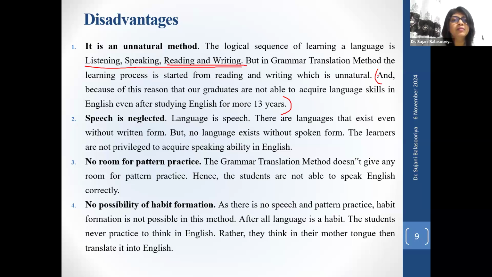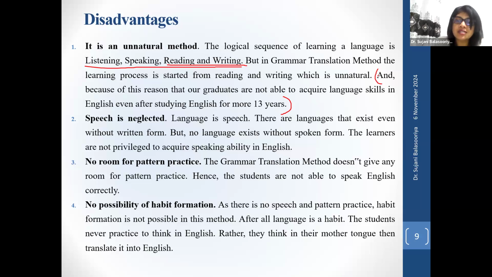Another problem in GTM is that speech is neglected, right? The teacher never pays any attention to the speaking aspect. You know what? Language is primarily based on speaking. Language itself is speech. The primary concern of using a language is to communicate orally. The written part comes later.